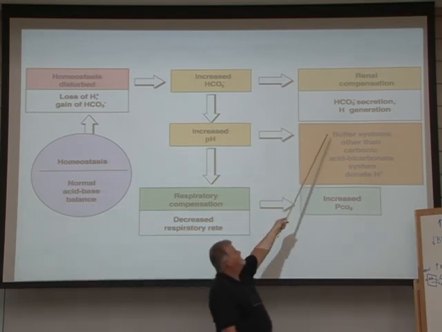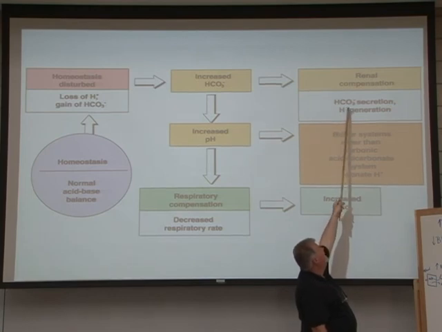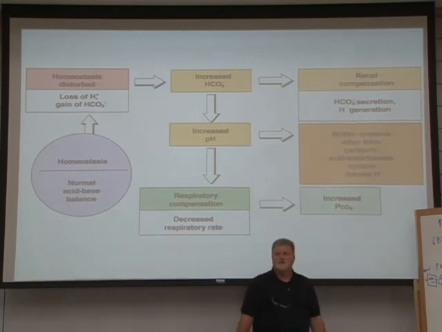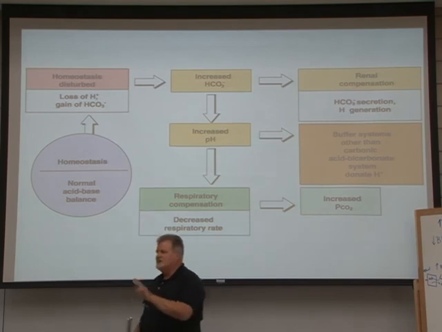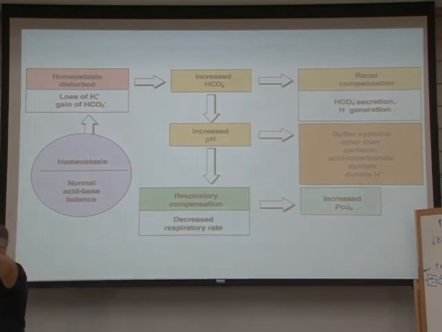And then the kidney itself would try to generate hydrogen ions again and try to secrete bicarbonate ions. Because we're too basic, we want to get rid of a buffer that's helping us stay basic, and we want to find some new hydrogen ions to make us more acidic, bring us back to normal.